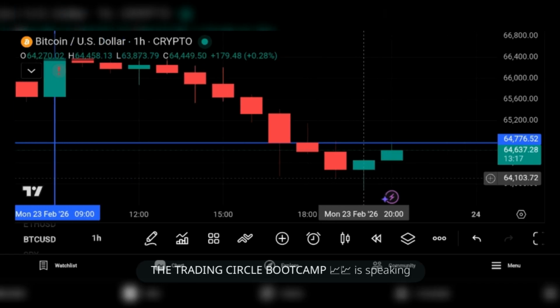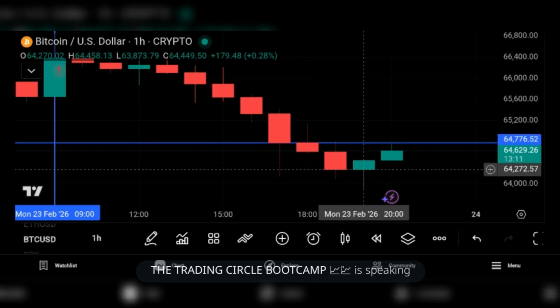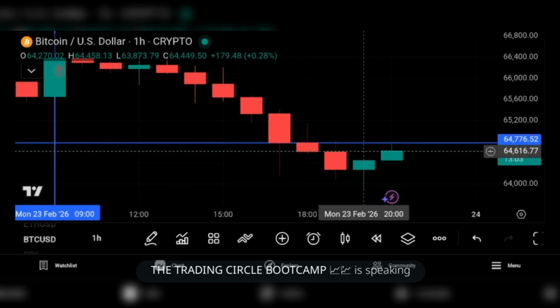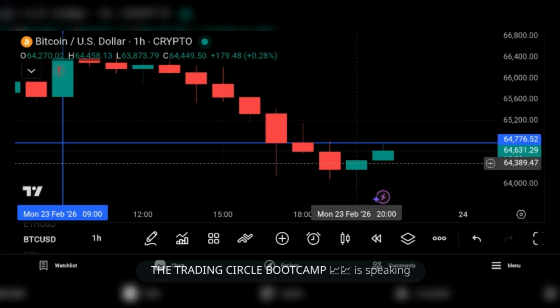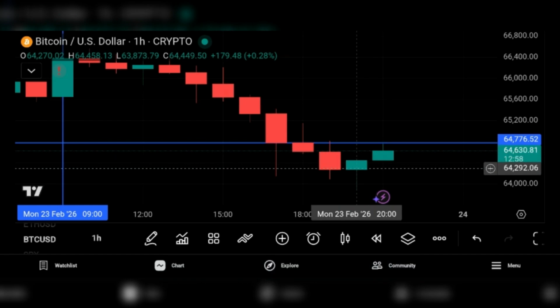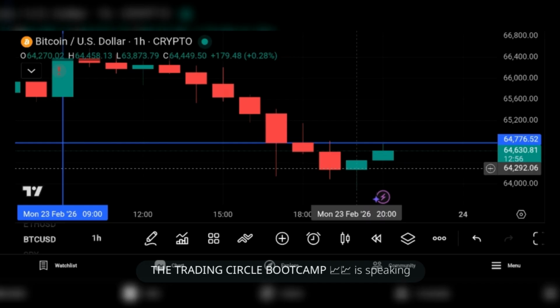Buyers started buying slowly, slowly, slowly. So it went back up, and by the end of the time frame, it closed at this point. So now the close is below the open, which is why we now have a red candle, a bearish candle.